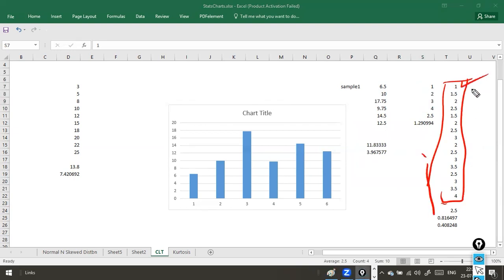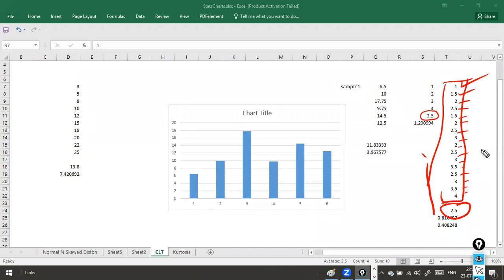For each sample, we compute the mean and note down the mean. When you plot all these sample means in a distribution, that is called your sampling distribution. When you take an average of the sampling distribution, you get 2.5. Your sampling distribution's mean value and your population mean value are the same.